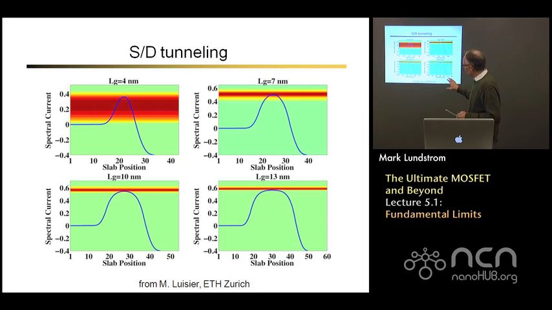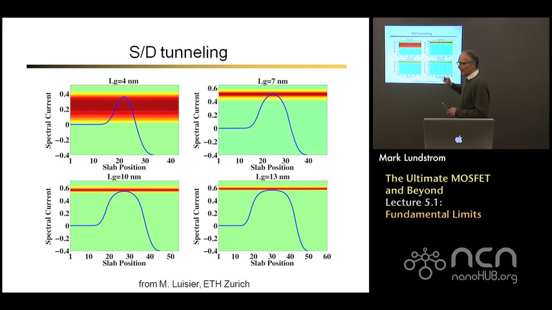Now, one of the fundamental limits is illustrated here. These are some quantum transport simulations, and what you're seeing here is the conduction band of a MOSFET with high drain voltage in the off state. So there's a large barrier between the source conduction band and the drain conduction band. The color here indicates the energy at which the current is flowing.